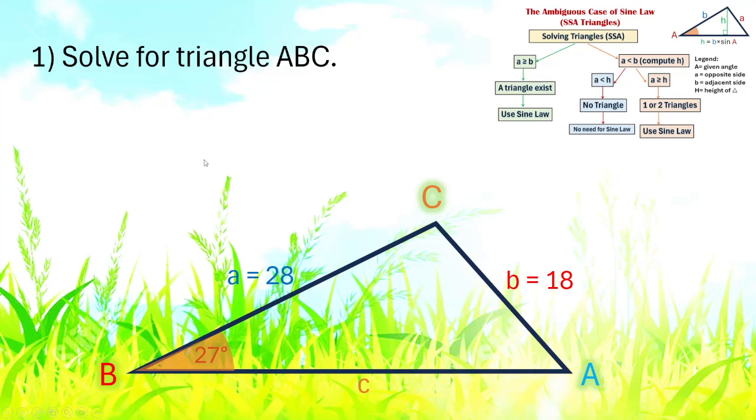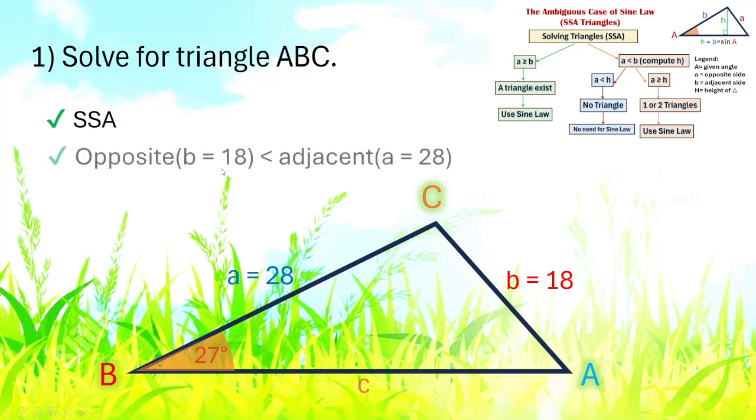So we need to solve the triangle. Solving a triangle, class, only means we need to find the other missing parts. We already have one angle, and we need to find the other two angles. We have two sides, and we need to find the third side. To do this, we first need to test if the triangle is ambiguous or not. So we have an SSA, side-side-angle.